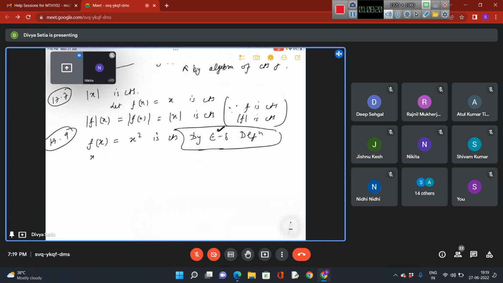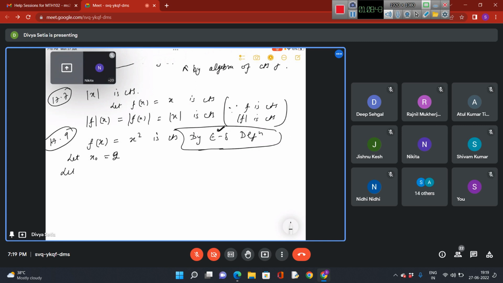So now suppose I want to prove the continuity at 4. Because you first have to fix a point at which you are checking your continuity. 4 or 2, anything. Let's make it 2.